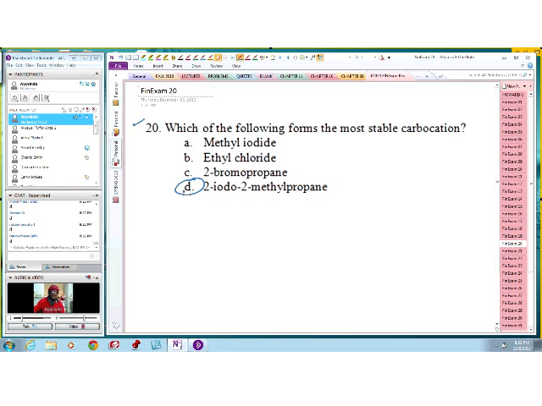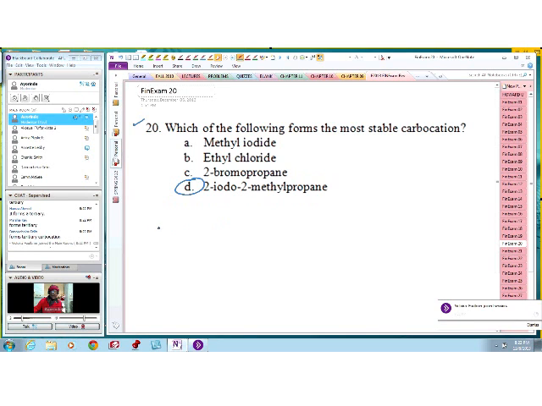Does anybody know why D is correct? More stable, yes. From tertiary carbocation, exactly. That's what I wanted to hear. It forms a tertiary carbocation, and the rest of these do not form a tertiary carbocation.